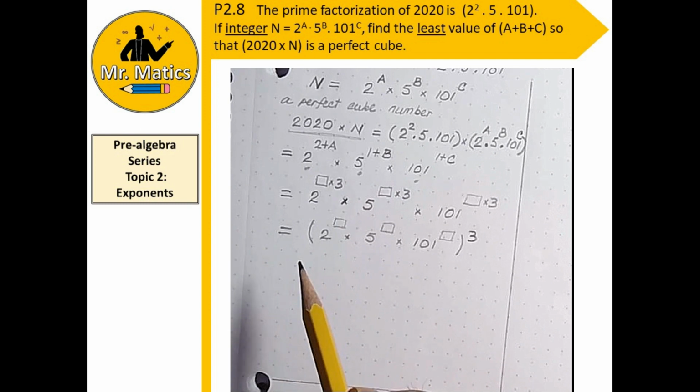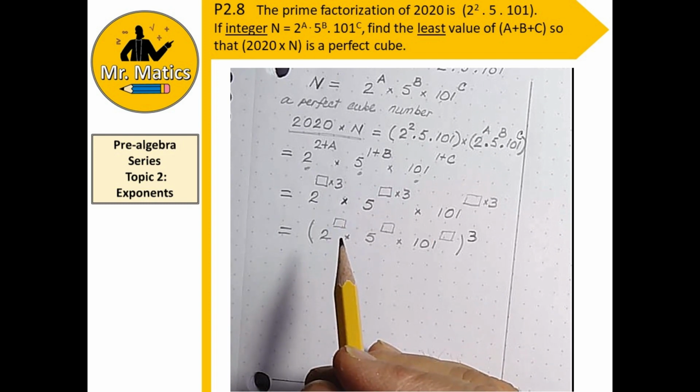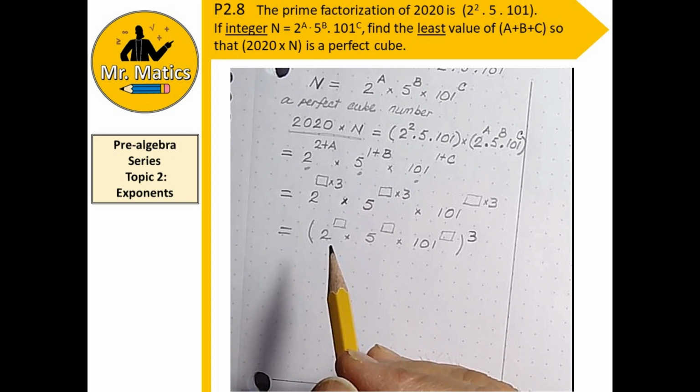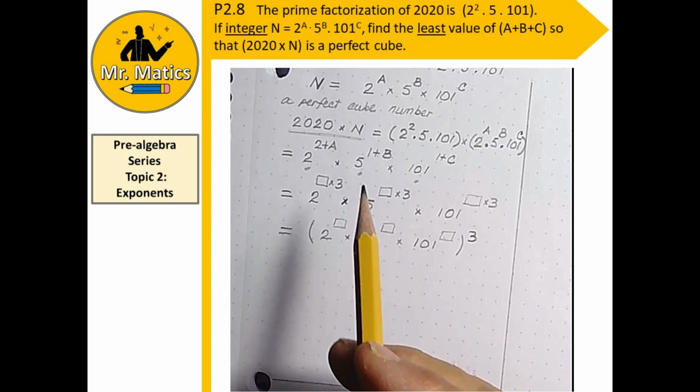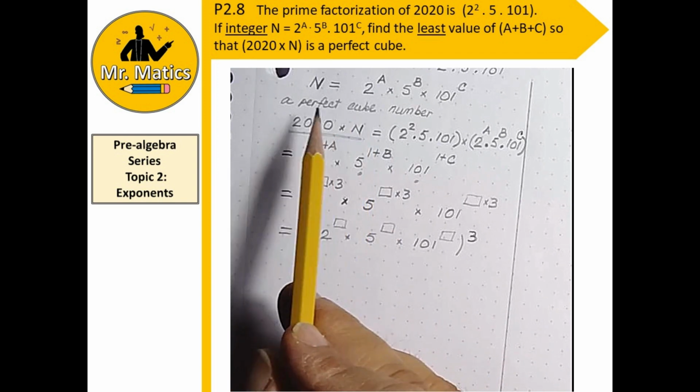Now let's go back to the same problem statement and let's see. There are two things that are mentioned, that n is an integer and the sum of those three exponents a, b and c, a plus b plus c, has to be the least possible value so that 2020 times n can still be a perfect cube number.